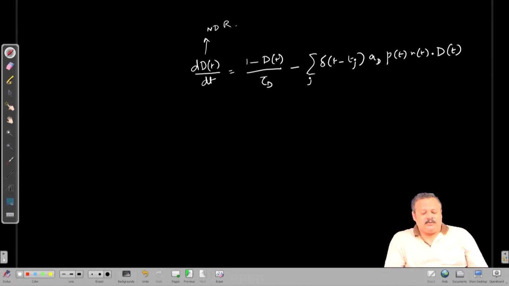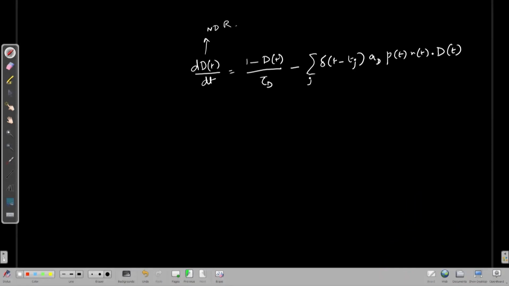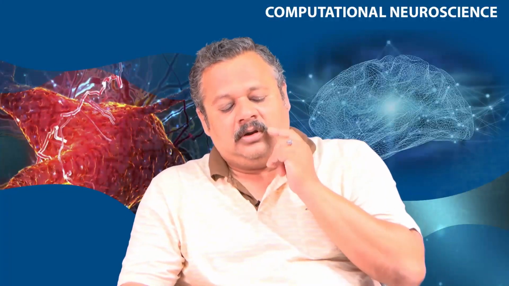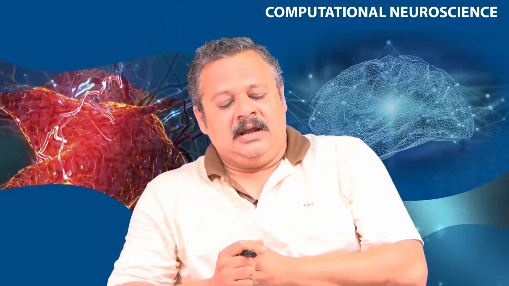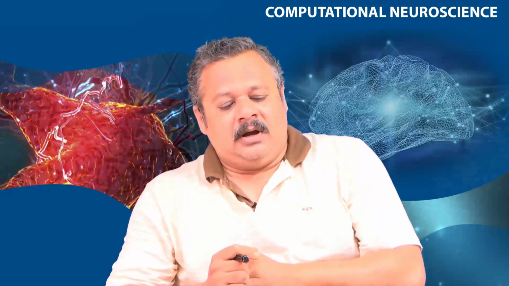So with this we come to the conclusion about our discussions of short term plasticity, and we will later on be discussing along with other things the implications of both long term and short term plasticity, and we will be picking this up once more.